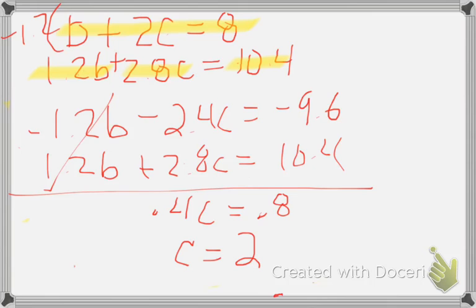So now we know that they purchased 2 of the Type C airplanes. Now to find out how many Bs we purchased, let's go back up into here, and let's let C equal 2. So 2 times negative 2.4 gives us negative 4.8.